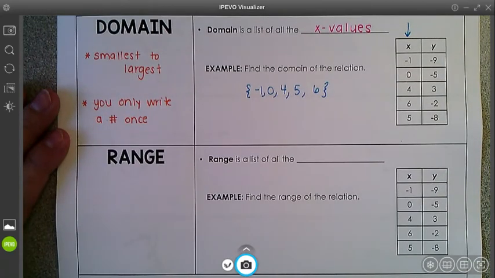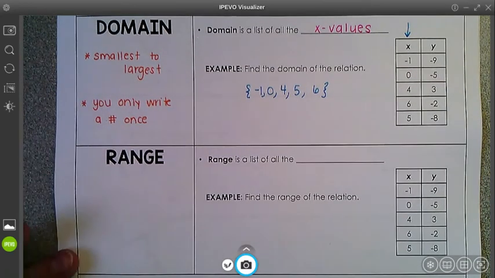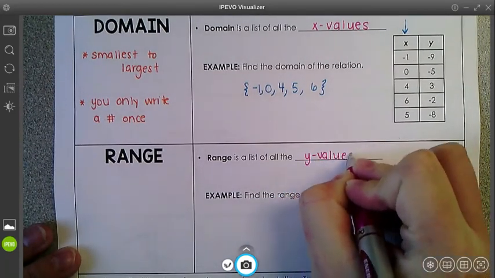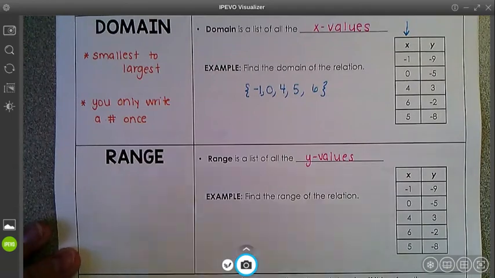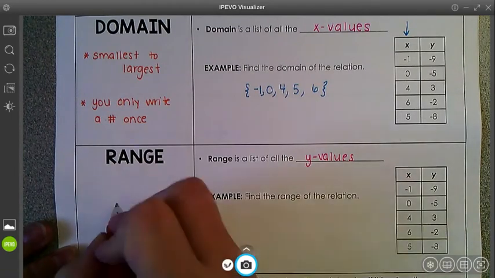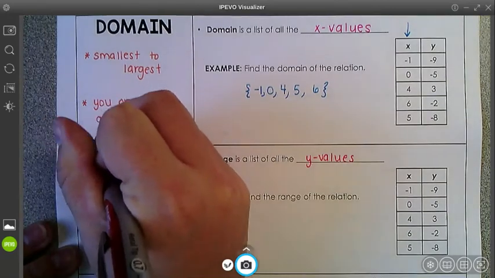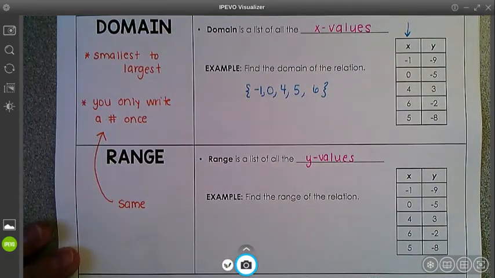If you take a guess, you can probably assume that the range is all of the y values. And that's correct. The range, you have the same rules as the domain.